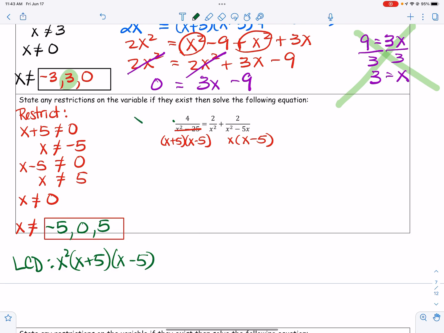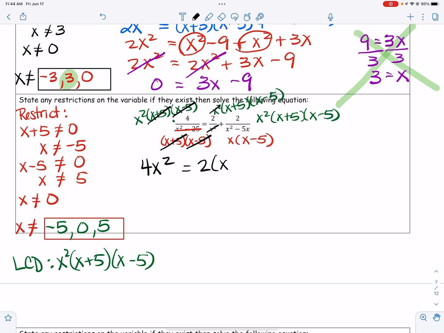So if I multiply x squared, x plus 5, x minus 5, and I get my pen. X plus 5 cancels, x minus 5 cancels. I have 4x squared. X squared cancels, and I have 2 times x plus 5, x minus 5.